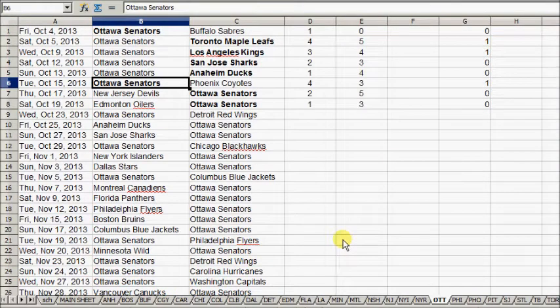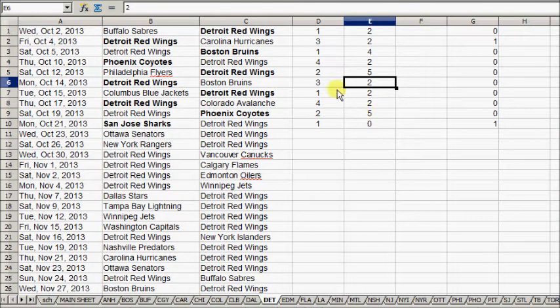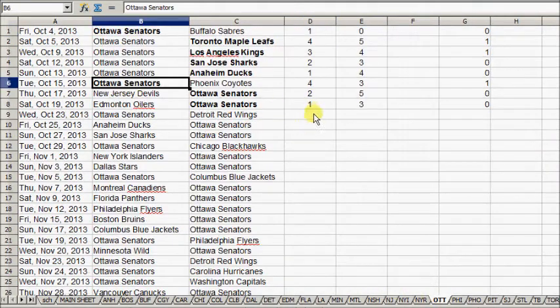Most games do go under that total. Detroit has played 1, 2, 3, 4, 5, 6 games that have gone under that total, where Ottawa, not as many. I think you'd have to pass that. I don't see any real value. I think that's more of a correct line.